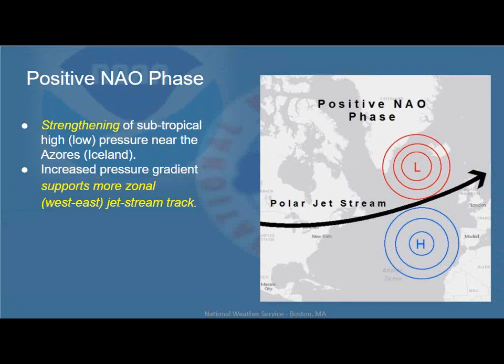So during a positive NAO phase, you have the strengthening of the subtropical high pressure over Azores, and this increased pressure gradient. Remember, winds flow from high pressure to low pressure. This supports a more west to east jet stream track. So in this case, because the jet stream is relatively flat, it kind of favors fewer storm systems for southern New England.